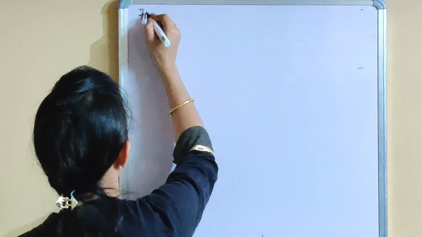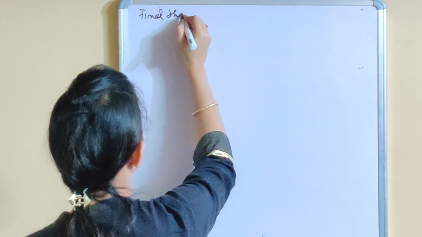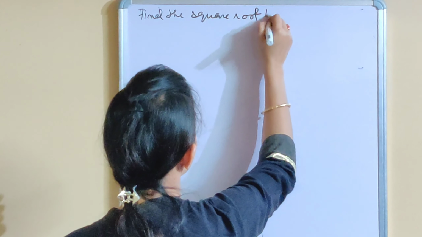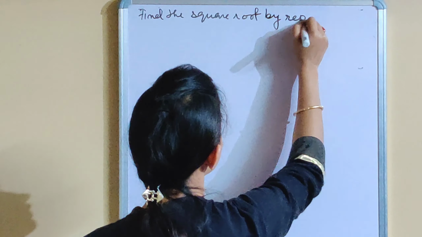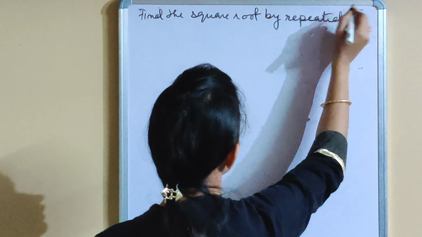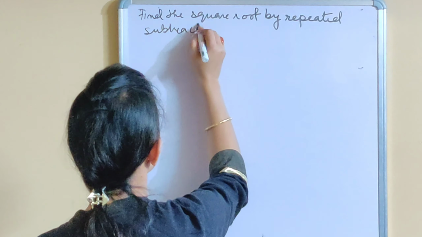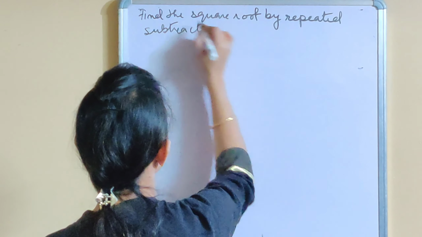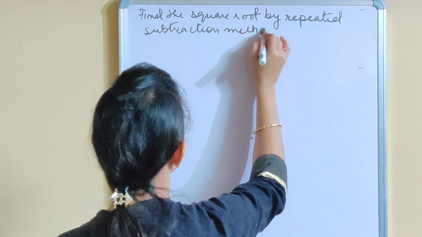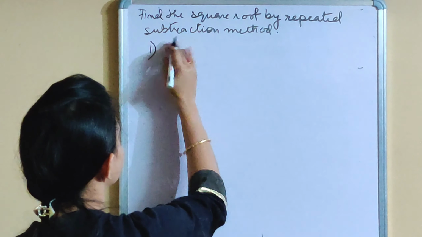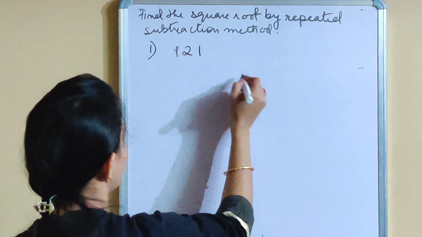I am going to explain with the help of an example. Find the square root by repeated subtraction method. So the first number I am going to take is 121.